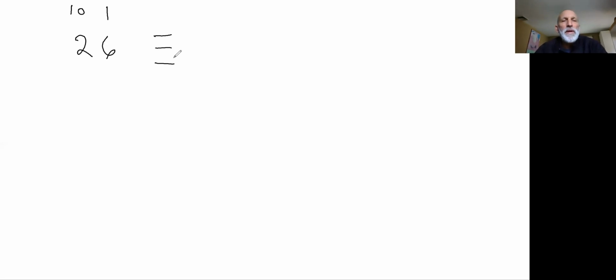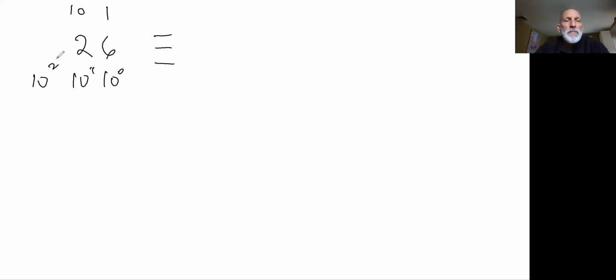In binary, we have place values that are base 2. In our base 10 system, the 6 is in the ones place because that's 10 to the 0 power, which is 1. 10 to the first power is the tens place. 10 to the second power is the hundreds place, and so on.